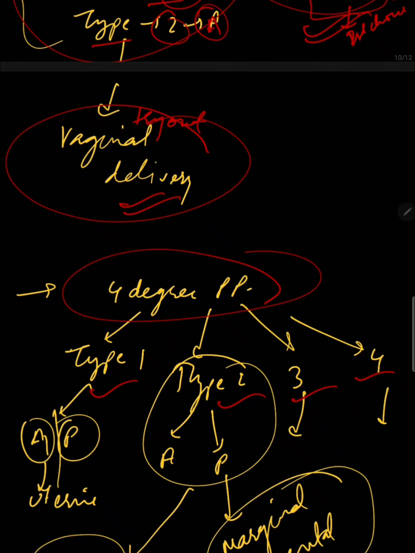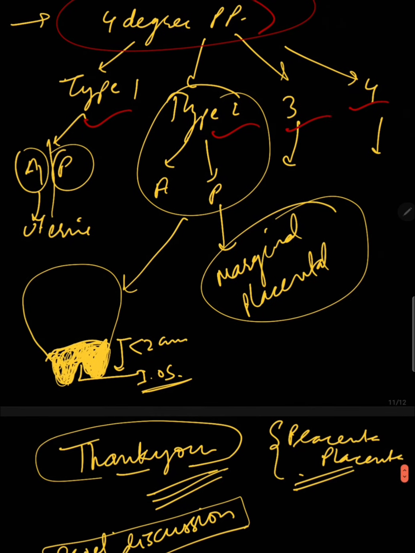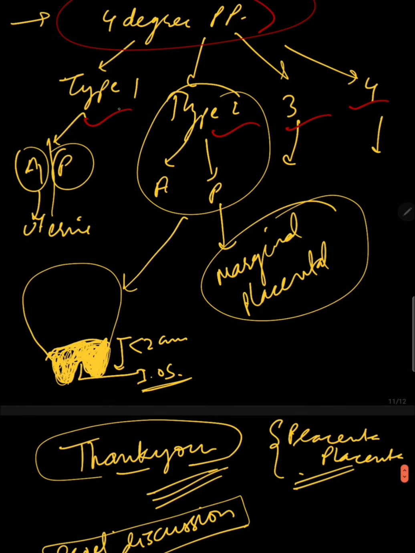All right. Now, what are the degrees of placenta previa? There can be type 1, type 2, type 3, and type 4. In type 1, there can be anterior and posterior placenta previa. If it is attached to the anterior wall, it is anterior placenta previa, and if it is attached to the posterior wall, it is posterior type 1 placenta previa.